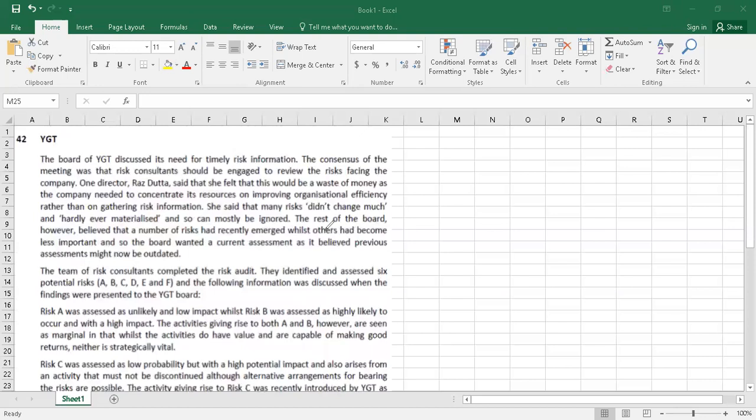No. The reason is, from the historical data, from the risk registers that are maintained and available, she feels that on studying the past information, many risks didn't change much and hardly ever materialized. If they have not materialized in the past, see, future is uncertain. So the past would prevail in the future also? There is no guarantee of that.